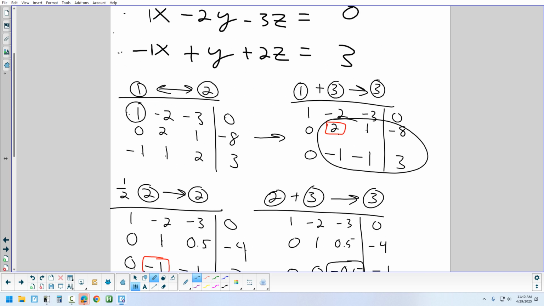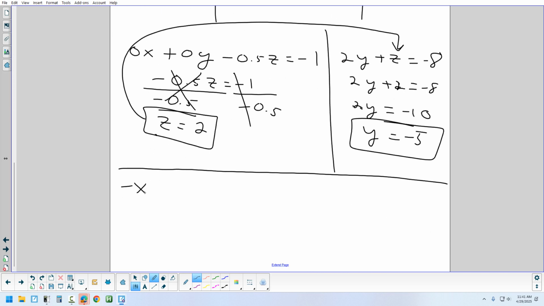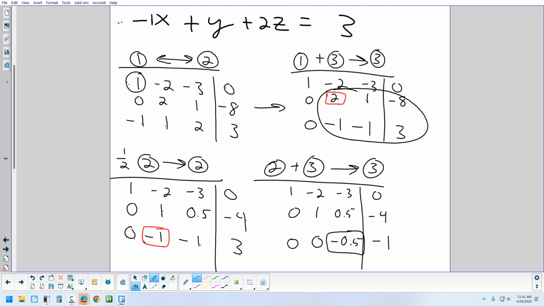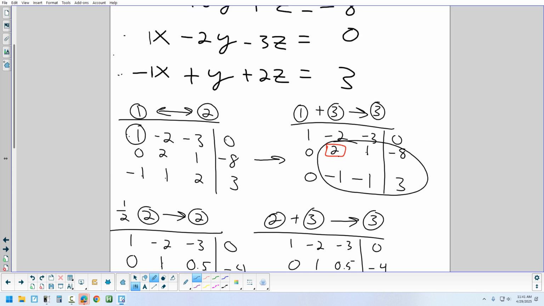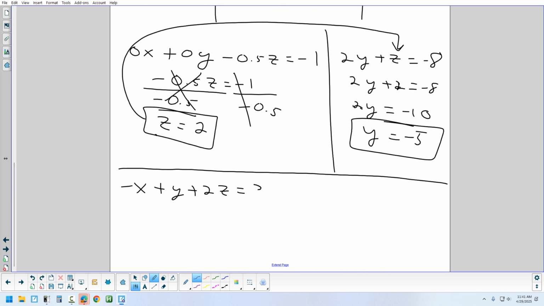So negative x plus y plus 2z equals 3. We don't know x, but we know y is -5.